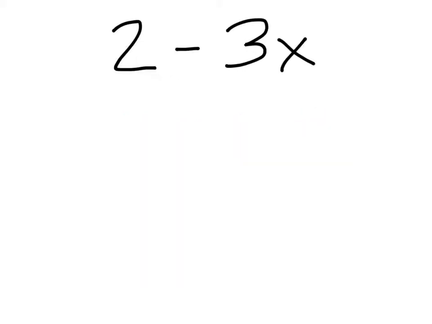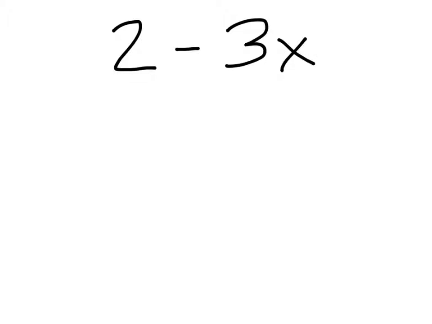What about this one? 2 minus 3x. How could I write that out? Would it be the product of 3 and a number less than 2? Technically, you could make a case that that's right, but it's confusing.